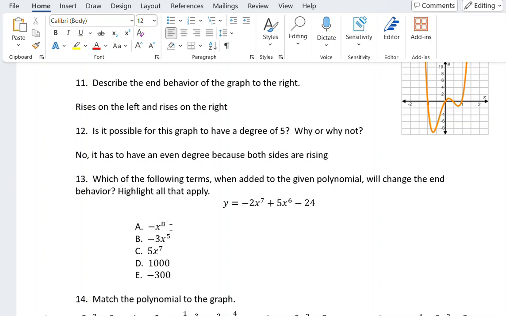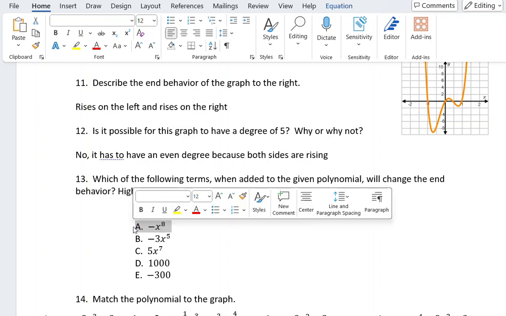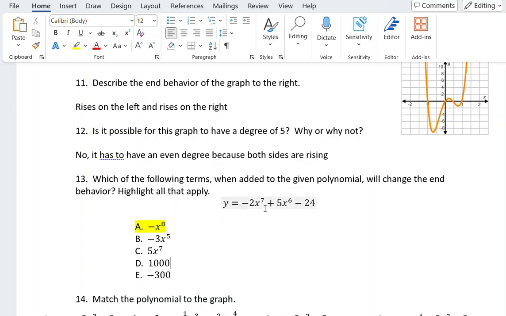So if I add A, I can see that yes, that is going to change the end behavior, because it's going to change from something with an odd degree to something with an even degree. So that would change the end behavior of the graph. B is not going to change the end behavior because it's not going to change what the largest exponent is.